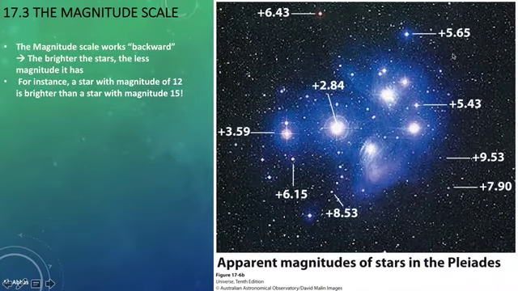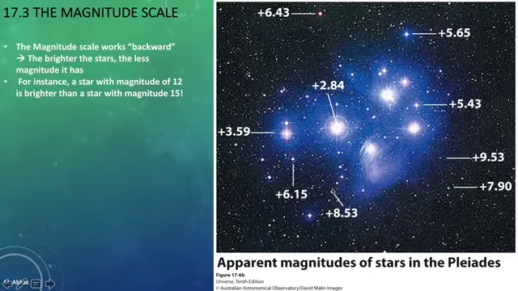This is a picture of the Seven Sisters. It's an open cluster. It's a group of stars that were born together almost at the same time. But when you look at these stars, you see that one of them is bright, another one here, this one is dim.